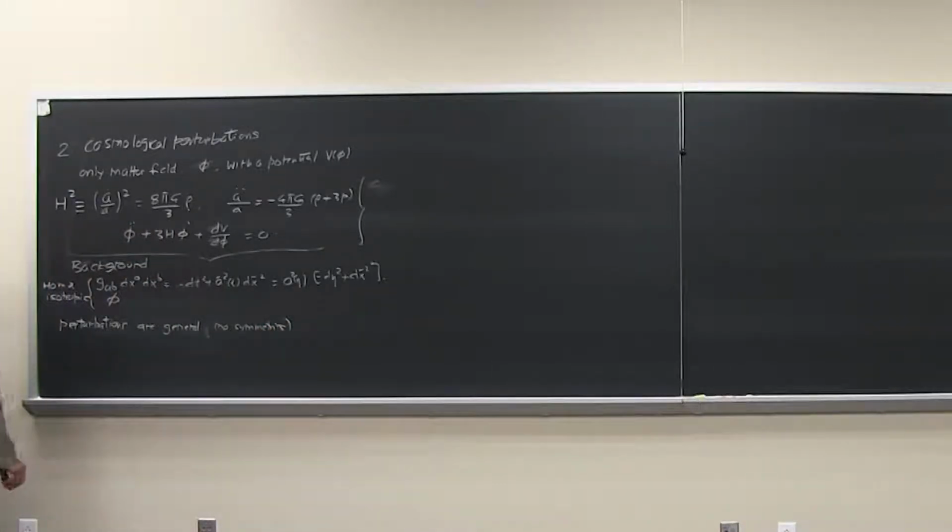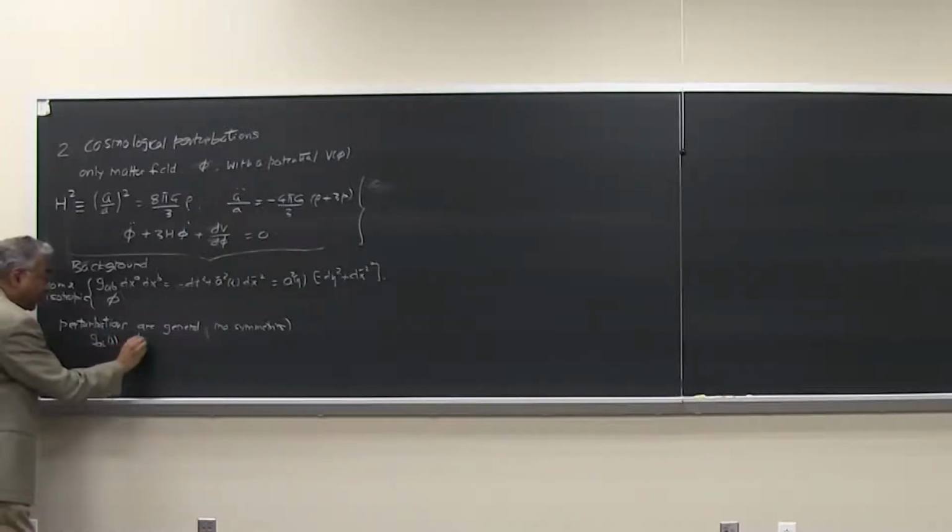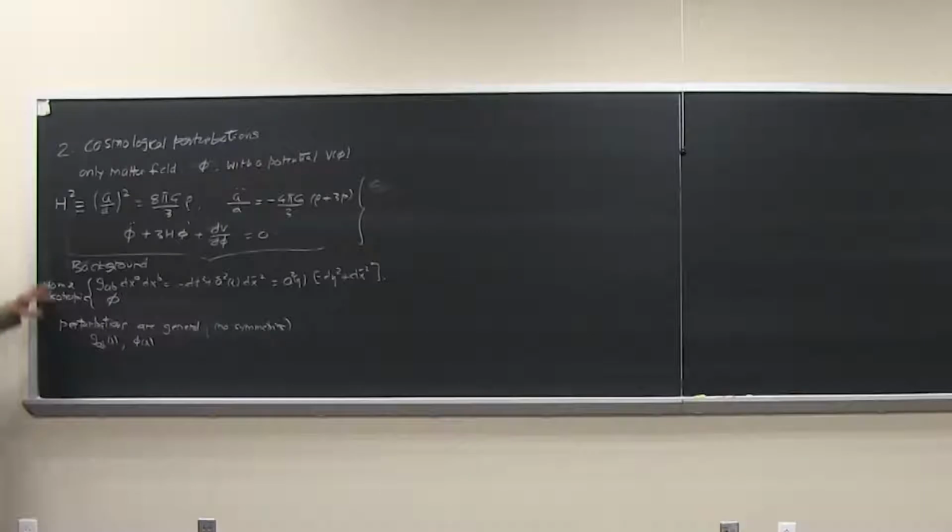And then what we want to understand is what these perturbations are. So we can take, as we did in the asymptotically flat context, a one-parameter family of solutions, g_ab of lambda and phi of lambda, to the Einstein scalar field equations, or we can put it into an action if you like.